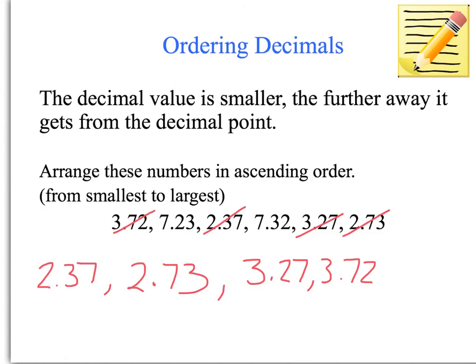So the 2 is smaller than 3 in the tenths place, so it's 7.23, and then I run out of space now, 7.32. Okay, so that is in ascending order. Alright, so hopefully you've got all this under control, and good luck working on your textbook questions.